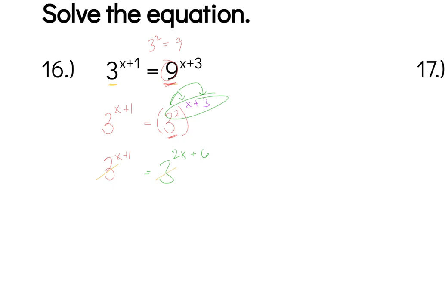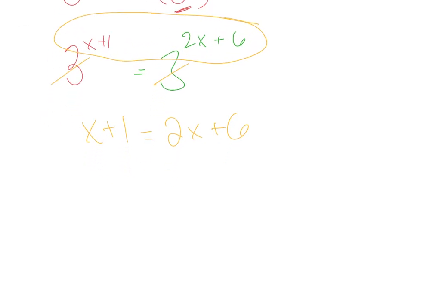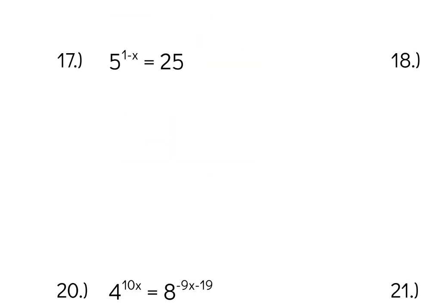And you essentially ignore the bases and now set the exponents equal to each other. That's the only way that those things would truly work out. So I'm going to subtract x to get x. I'm going to subtract 6 to get -5. X is -5.